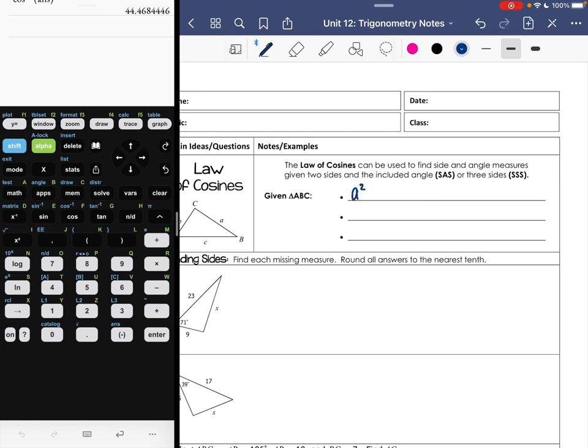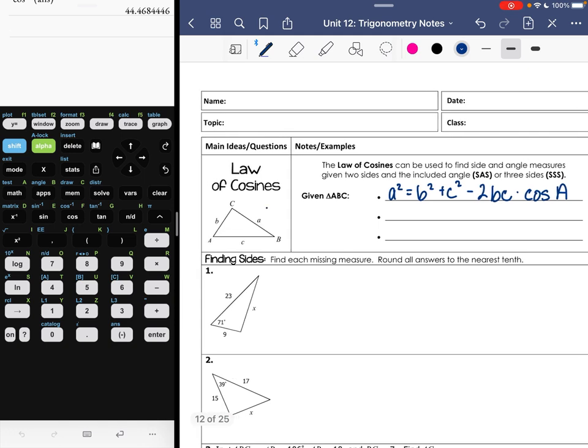So if you have a squared, then that equals b squared plus c squared minus 2 times bc times the cosine of A. So this is related to Pythagorean theorem because it's got the a squared, b squared, c squared. And then whatever side you're trying to find, you are looking at the angle opposite of it. So that's a squared and cosine of big A there.